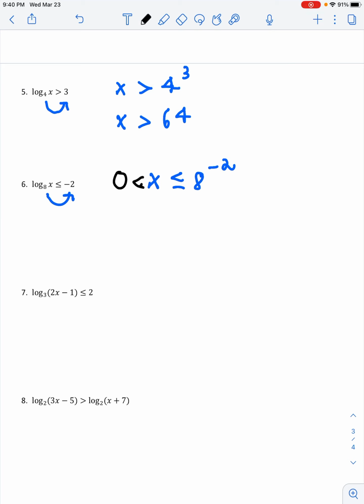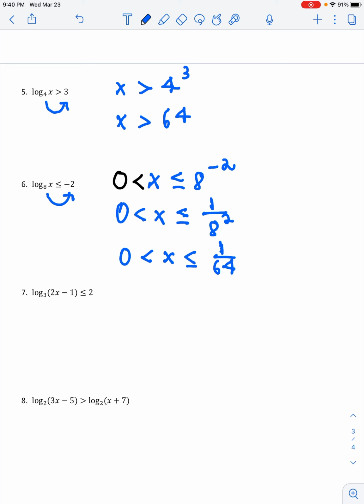So that's putting that on this end. Let me get that looking a little more like an inequality symbol. And then I still need to finish this. And so I would have 0 is less than x is less than or equal to 1 over 8 squared, or basically 0 is less than x is less than or equal to 1 over 64.